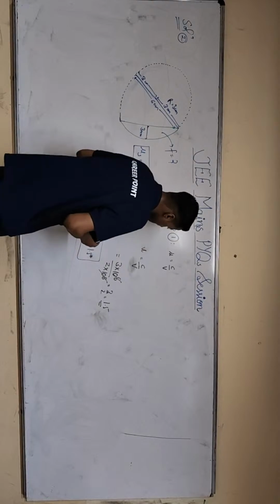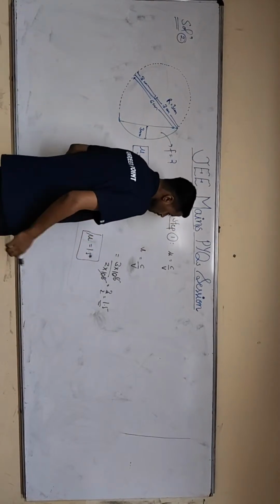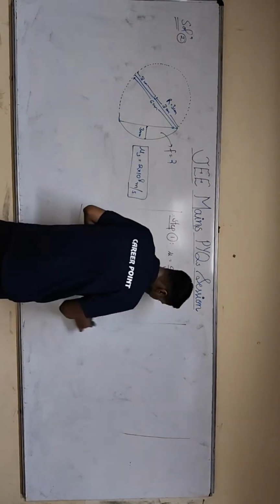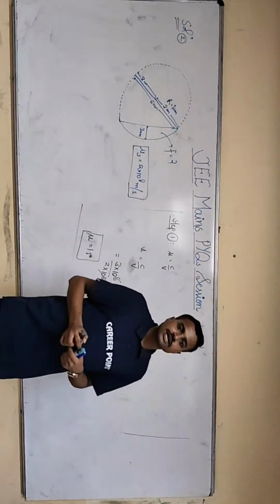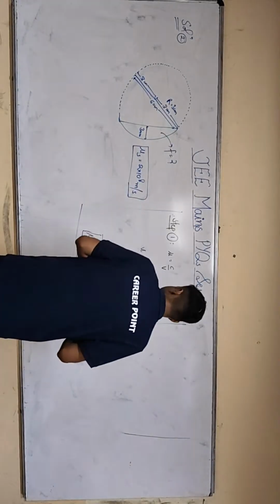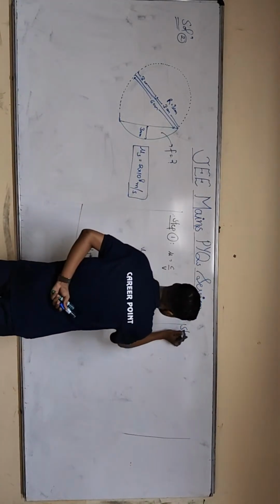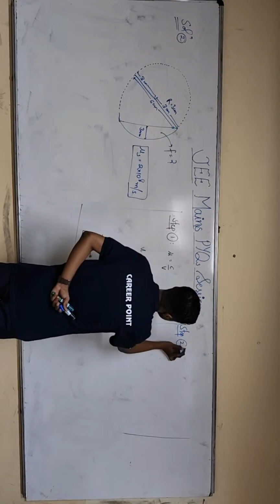So in another step, now we know the value of mu, and whenever we have to calculate the radius of curvature for a thin convex lens, in this particular case, step 2, we have to calculate the radius of curvature.